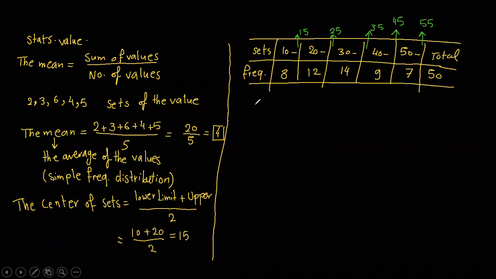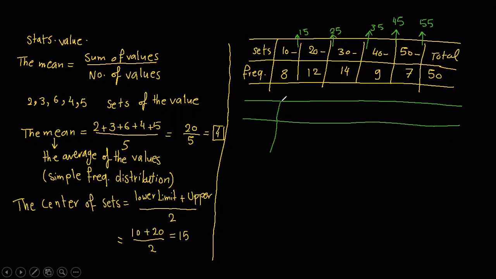So we will make the table between these elements. We have 4 columns: sets here, and center of sets, taking the symbol x, then frequency, with the symbol f.